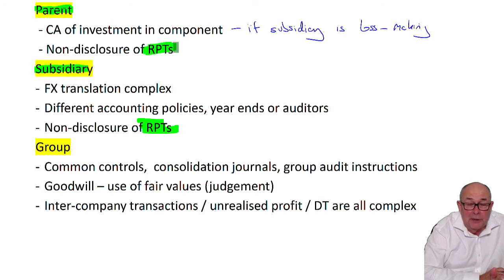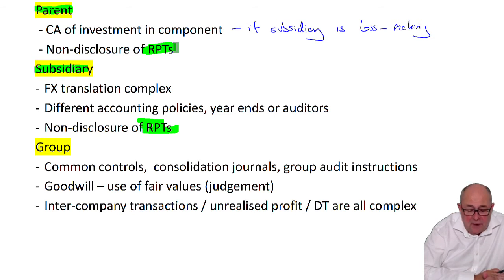The sub will also disclose it as a related party transaction. They might forget. I know it's only a disclosure thing, but again, it's a valuable mark for us in the exam. It doesn't happen in the group accounts, of course, because these things will then have cancelled out.